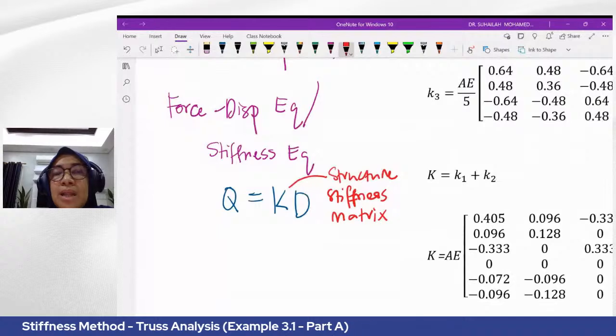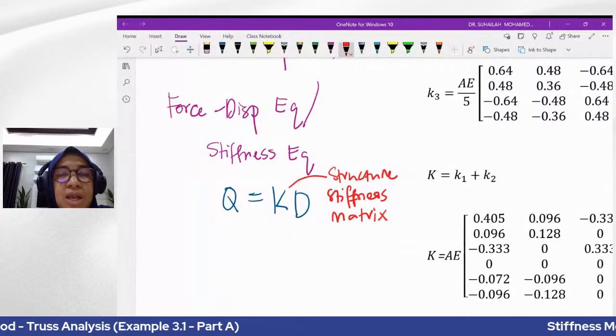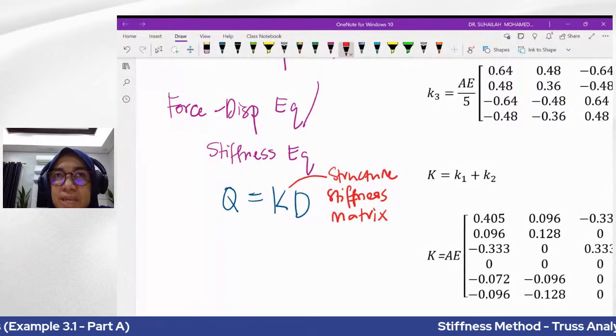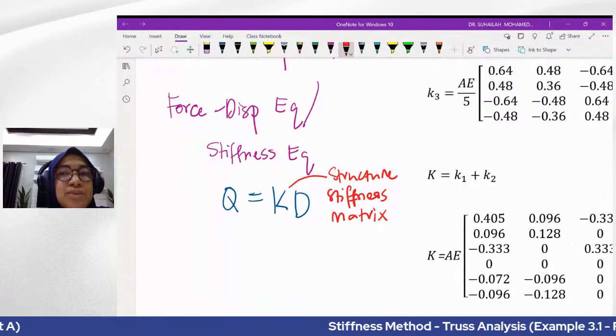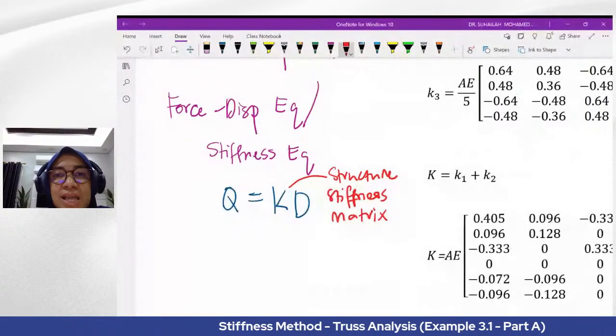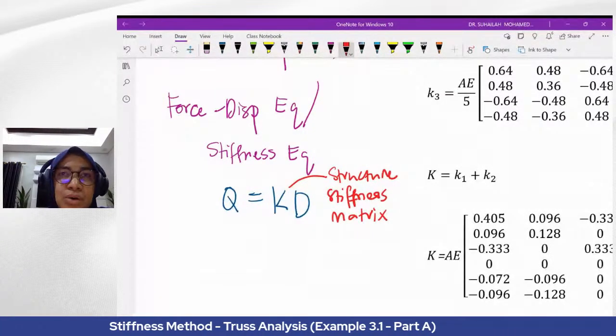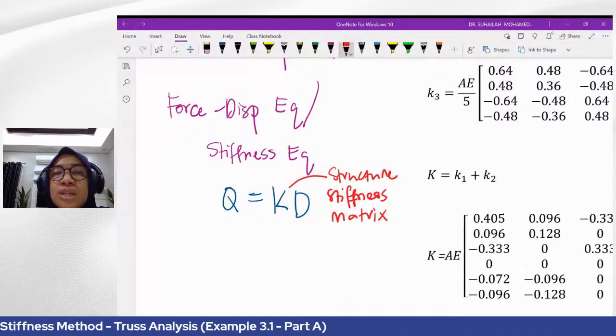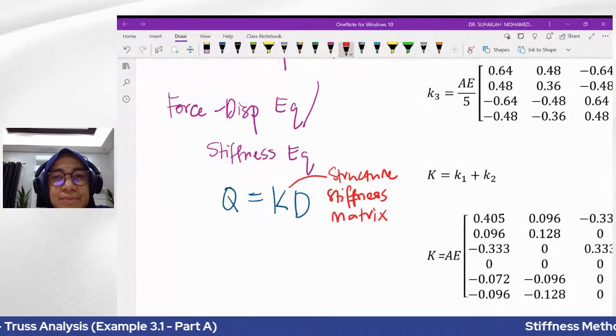Determine the structure stiffness matrix using element stiffness matrices. And for the element stiffness matrices, I have actually discussed that in my previous video based on example 14.1 Hibbeler.